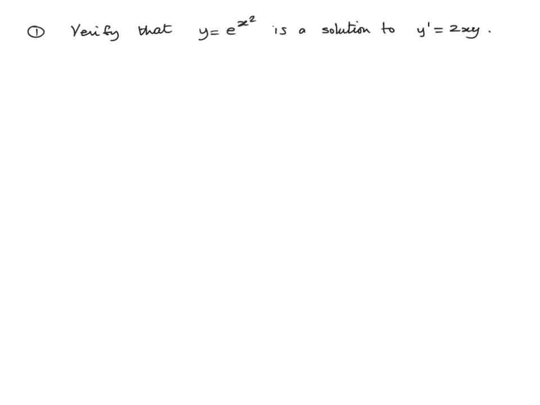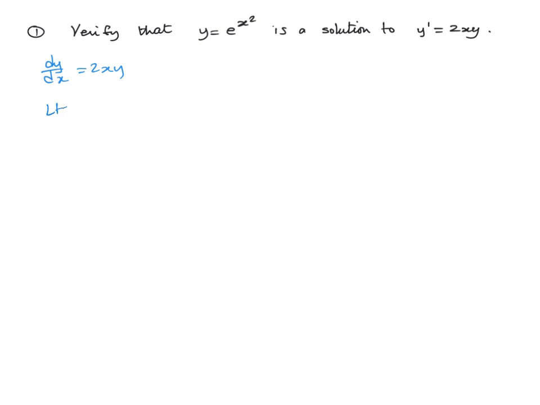So here we want to verify that this function here is a solution to this differential equation. Well, first of all, I don't like y prime, although it is technically correct. I prefer this dy dx notation, so I'm going to say dy dx equals 2xy is really the differential equation. So I'm going to take this function and try to plug it in over here. Well, on the left-hand side, I need to find the dy dx.